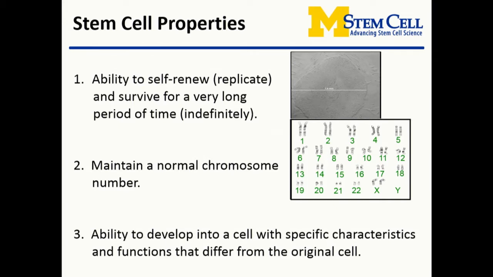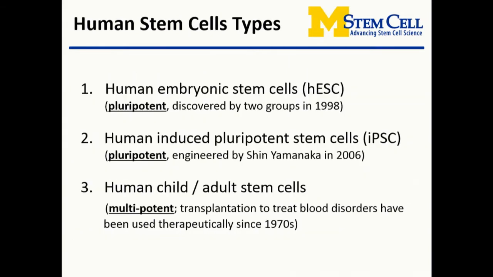In addition, besides self-replicating, while they replicate, they need to maintain a normal chromosome number. And third, they have to have the ability to develop into a cell with specific functions and characteristics that are different from the cell of origin. So they self-replicate, but they also can become a specialized cell.